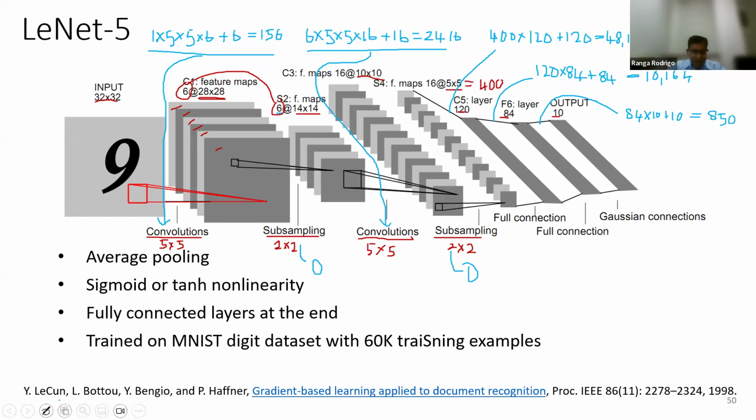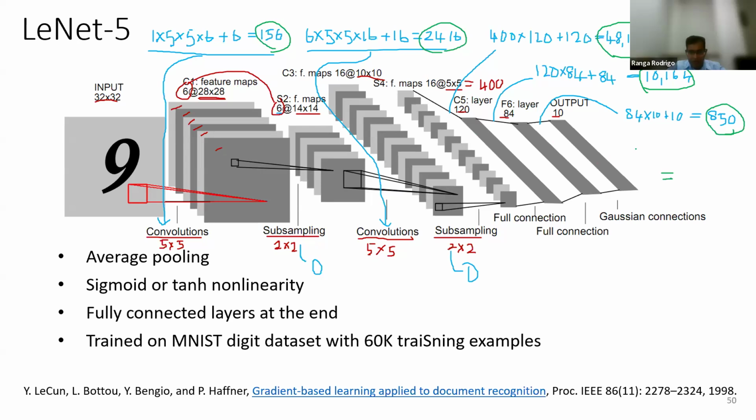So altogether, to compute the total number of learnable parameters, we have to add this 156, this 2416, this 48,120, this 10,164, and 850.